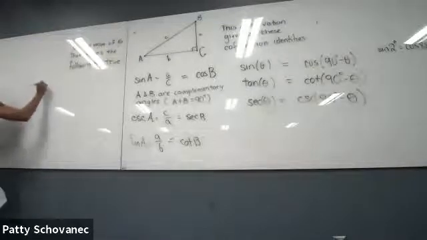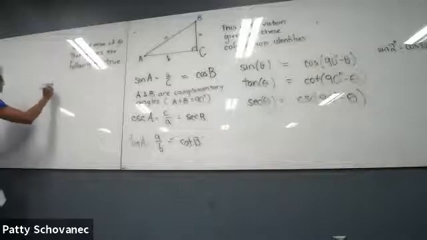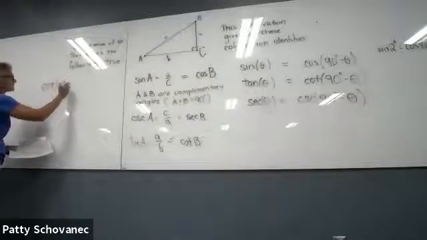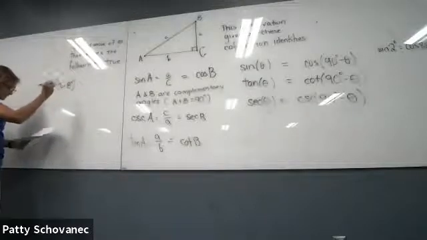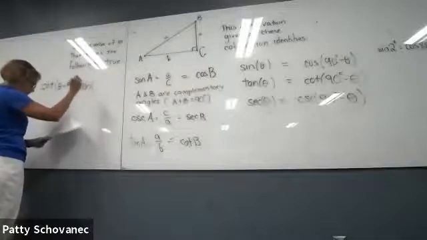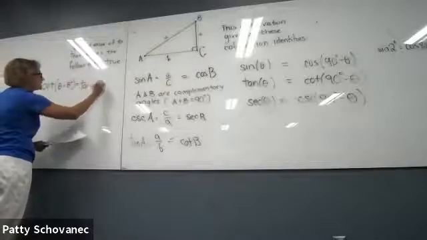Here's your equation. The cotangent of theta minus 8 degrees is equal to the tangent of 4 theta plus 13 degrees.